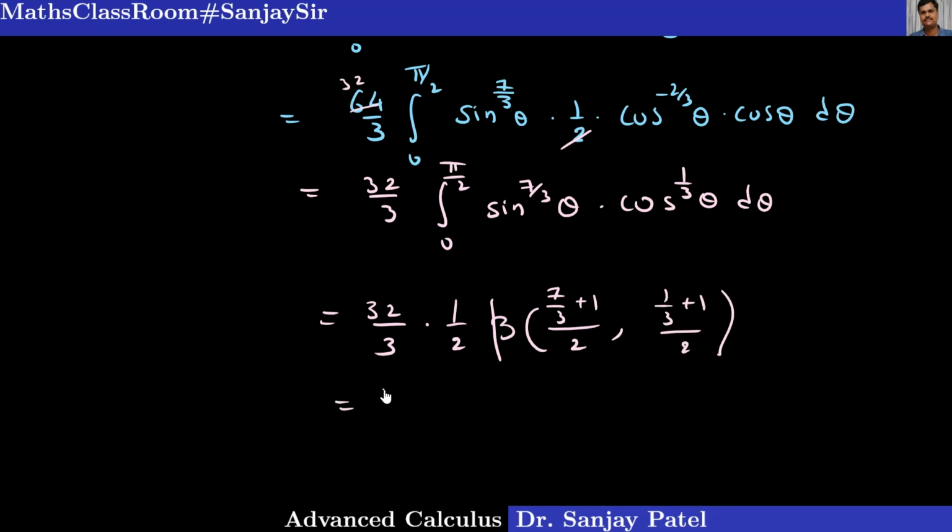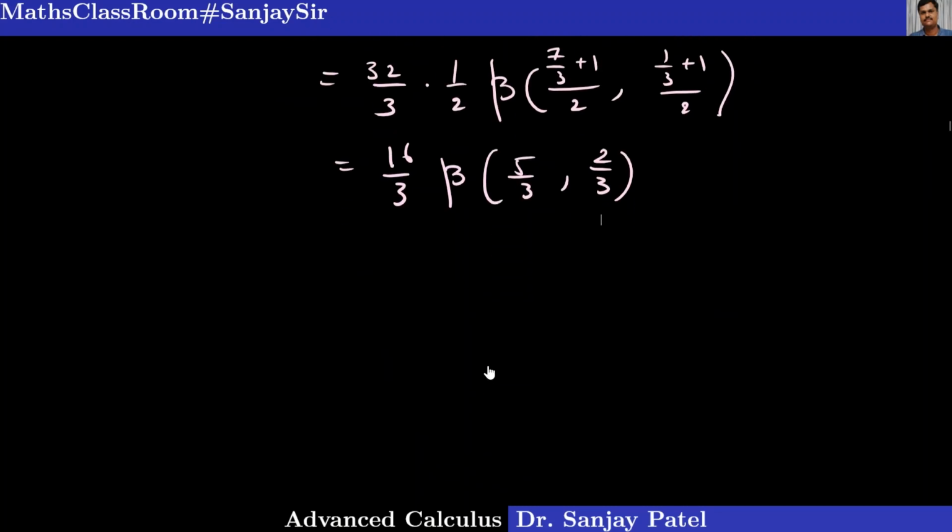So this is equal to 32 by 6, rather I can write 16 by 3 into beta of 7 plus 3 is 10 by 3 and by 2, so that is 5 by 3, correct? Yes, this 2 will cancel that, and 1 plus 1 by 3 is 4 by 3 and 4 by 3 by 2 is 2 by 3. Fine.